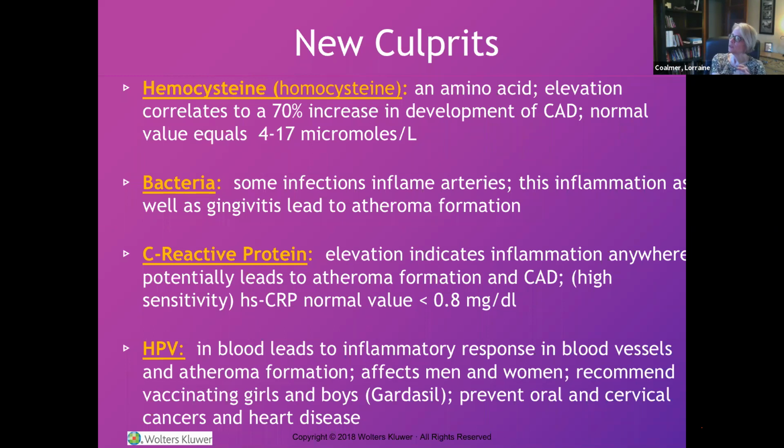C-reactive protein, you probably remember from rheumatoid arthritis or any kind of inflammatory process. So a lot of times they're drawing these C-reactive proteins in people who we suspect might be having an MI. Do they have this high elevated C-reactive protein that's causing this inflammation within the vessels, which then is causing the MI?